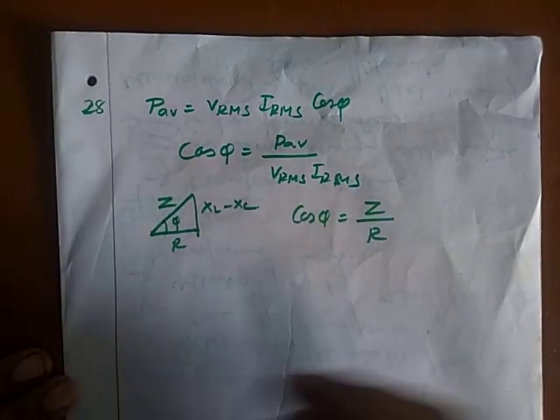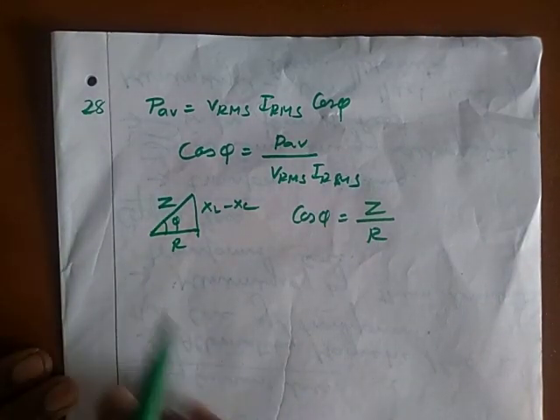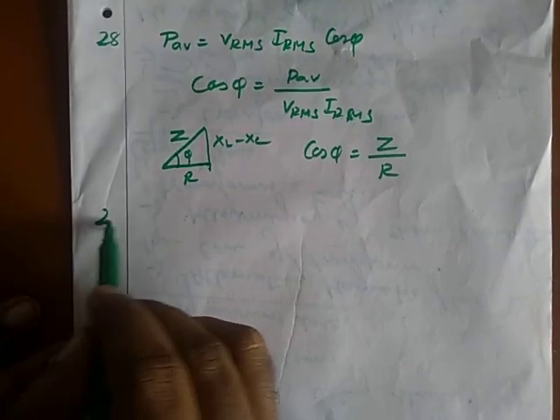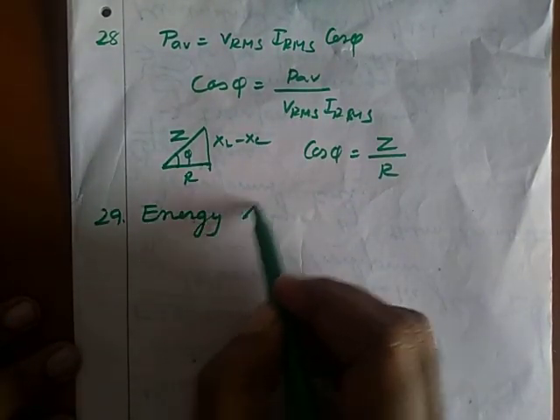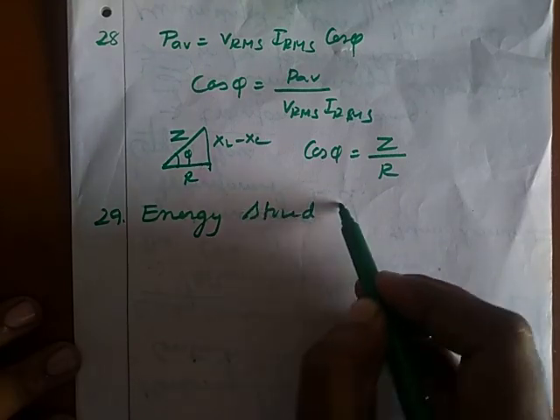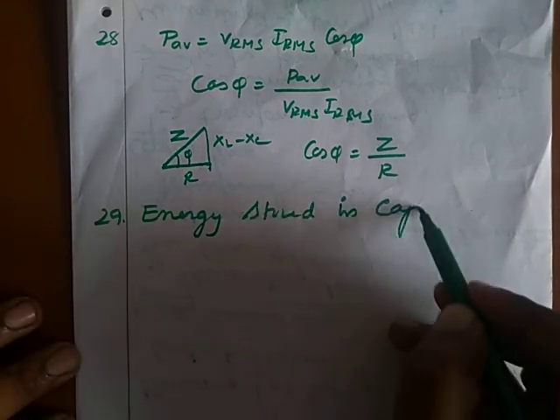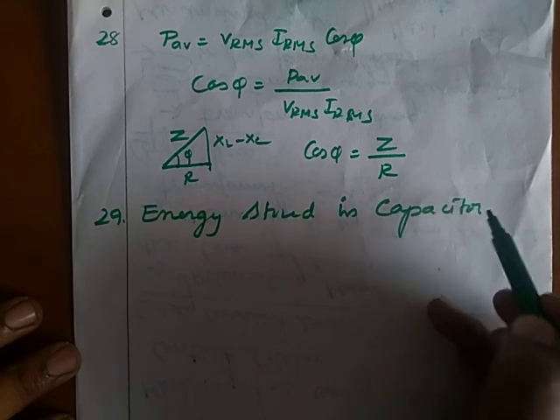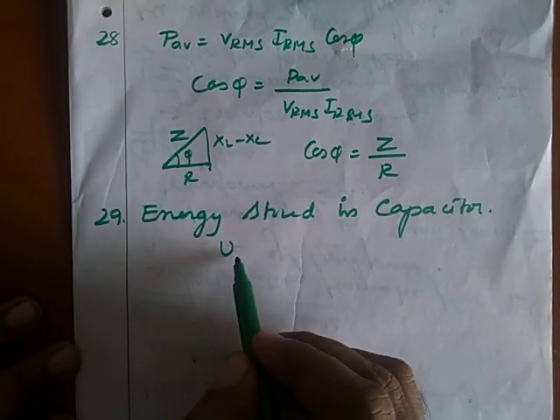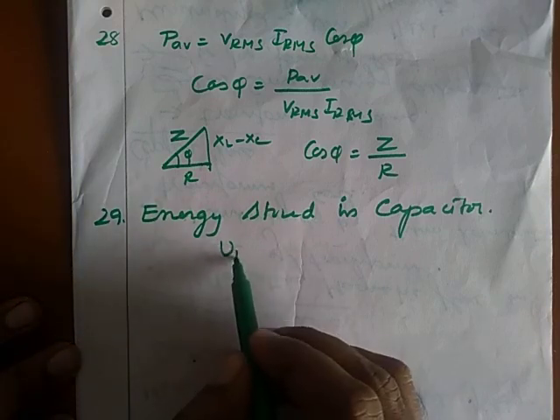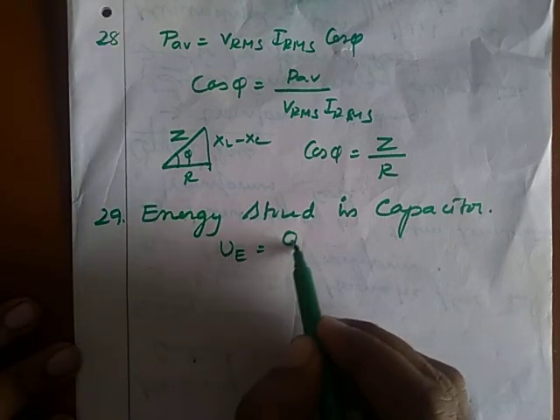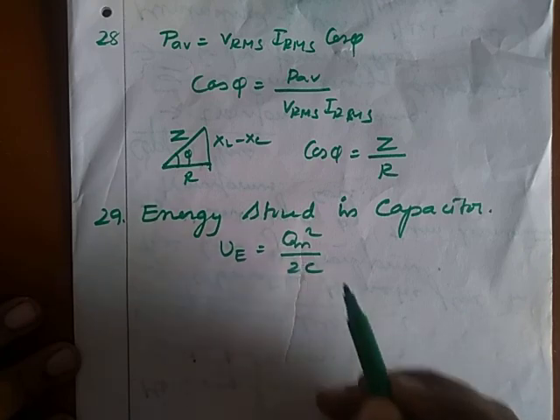Then energy stored in a capacitor. That energy is named electrostatic potential energy, that is UE is equal to Qm square by 2C.